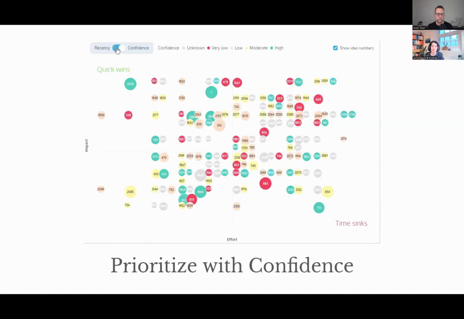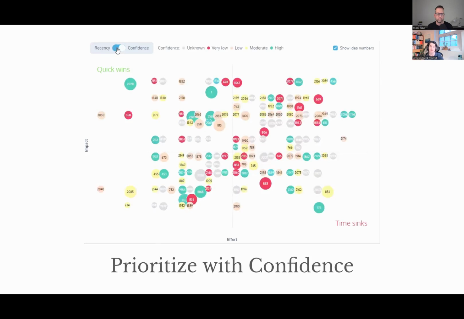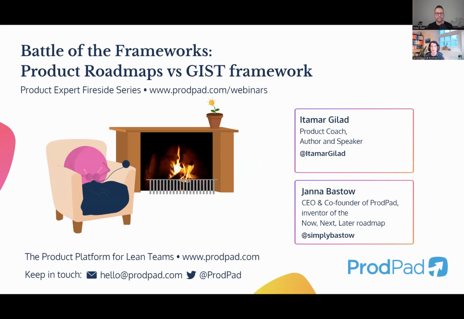But there's a reason why I wanted to flag that one up today, because we're actually going to be talking about confidence meters today, because our special guest today is Itamar, who is the creator of the confidence meter, among other things. I actually know Itamar through the Mind the Product community. For those of you who know me, know that I've been involved with Mind through that, where I've been learning from his articles and his talks on stage for years. Itamar is a coach, he's an author and a speaker, and he specializes in product management, strategy, and growth.